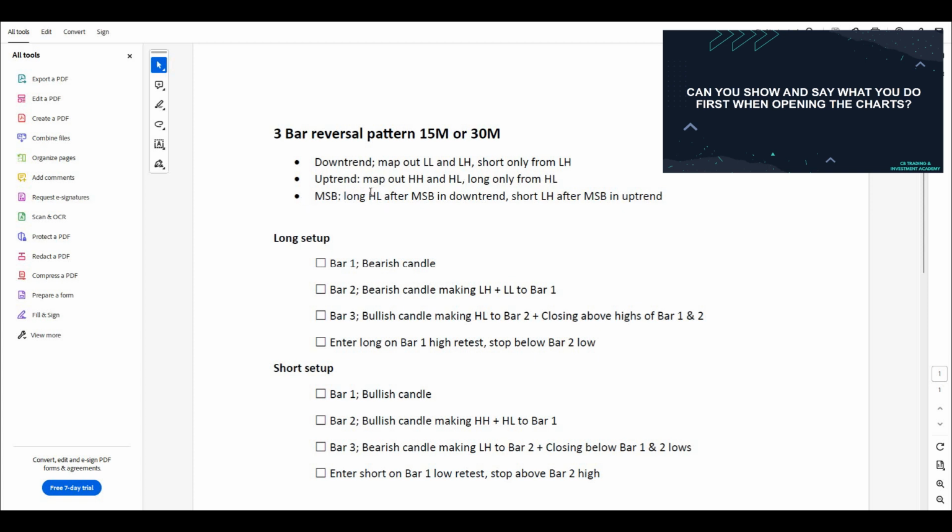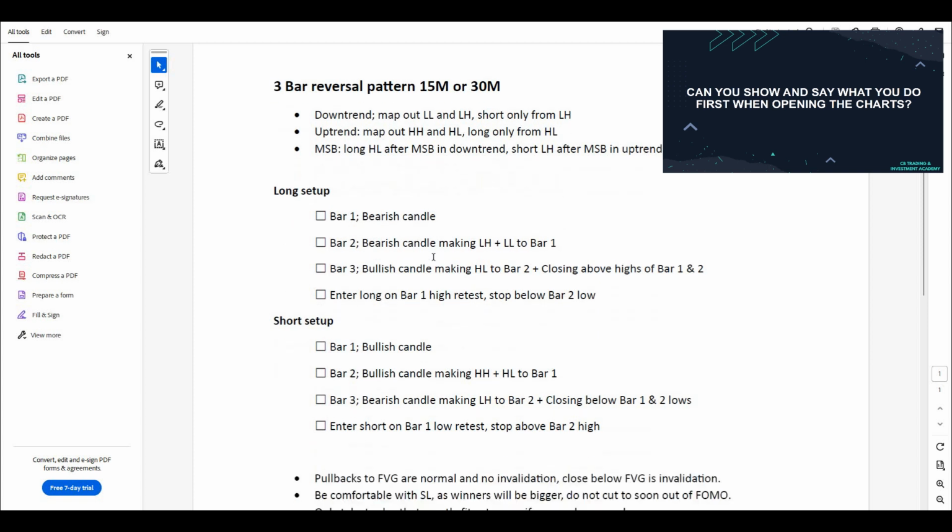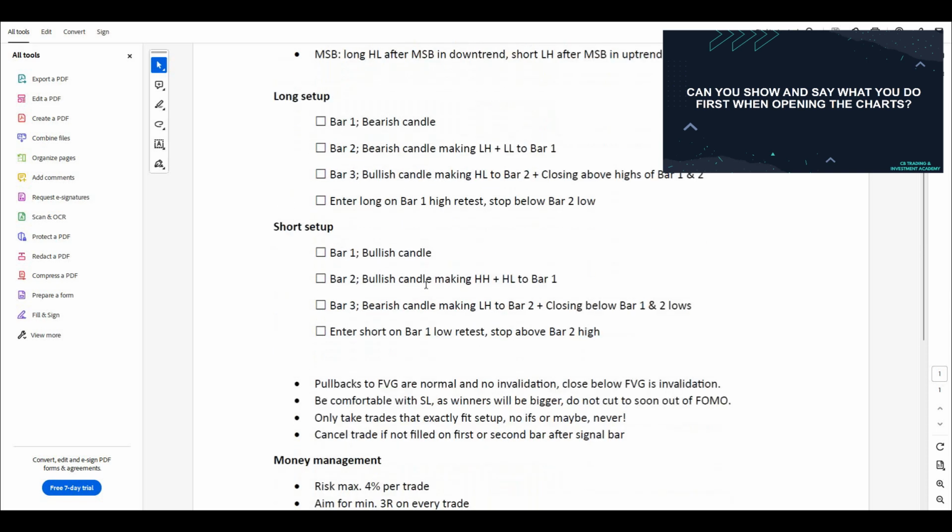Then we long from the higher low, and we short from the lower high. That's still the same. So these are the rules for the long setup. The set of rules are obvious and clear.